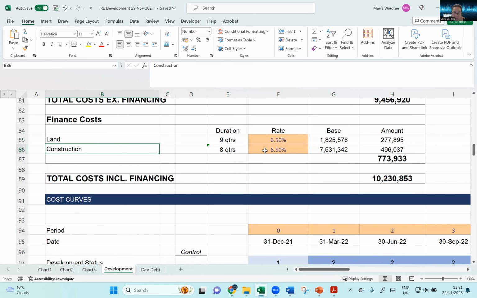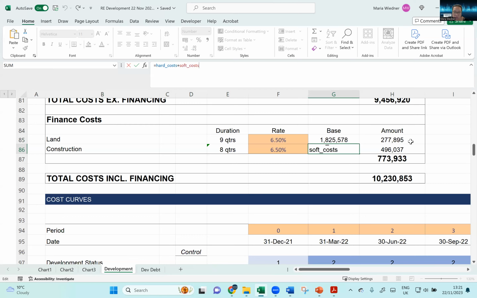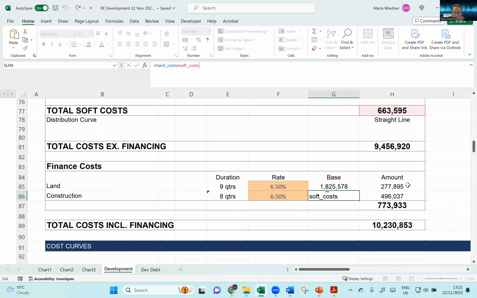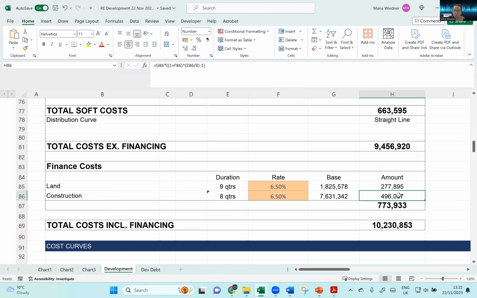And the construction here is now different. I put construction hard cost and soft cost at 100%, just to make the point that this is not really a finance cost, but actually an opportunity cost.